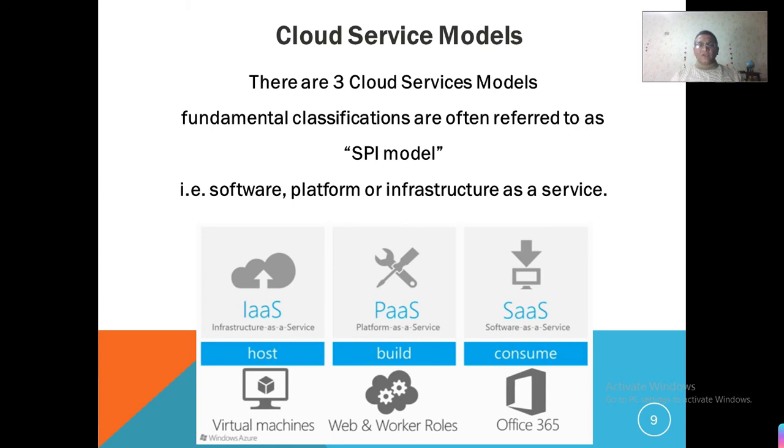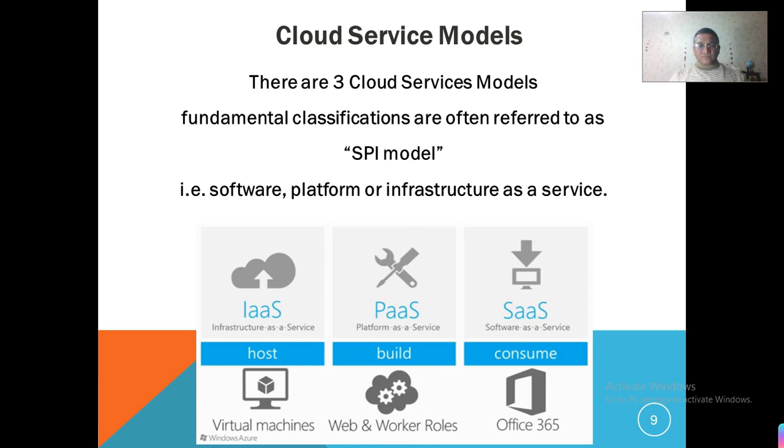If we look at examples, for SaaS, as I told, we have many applications available online that we use in our day-to-day life. For example, if you are using Yandex services or MyTaxi services, directly or indirectly in our day-to-day life we are using many SaaS services, which are available over the internet, and we are paying for the services and getting our work done.